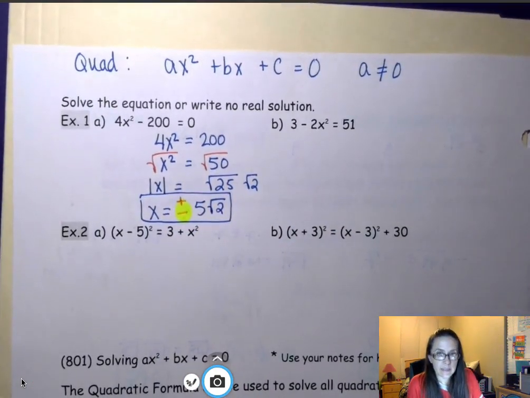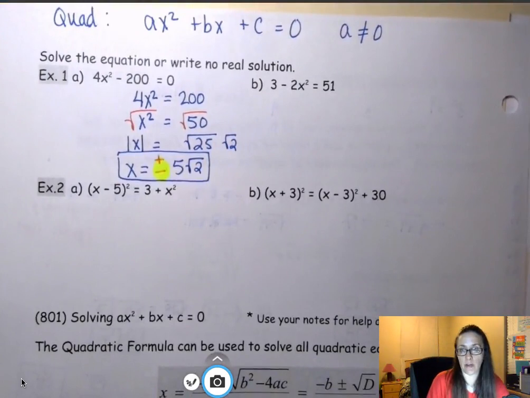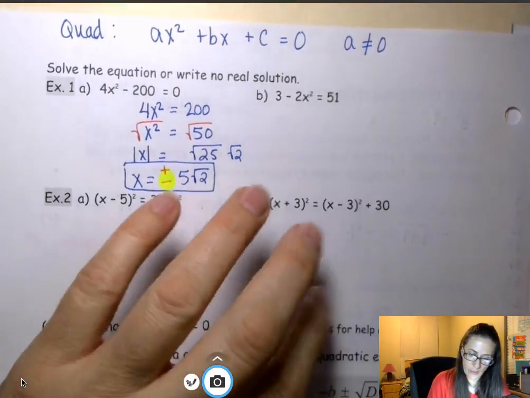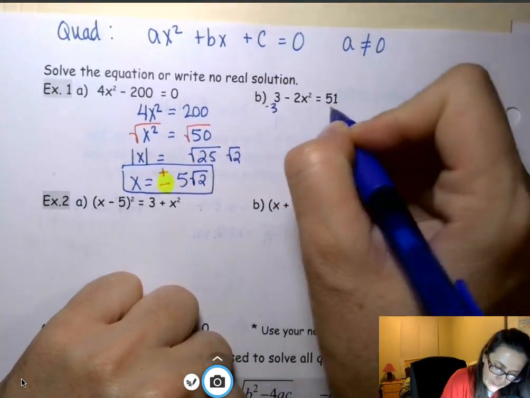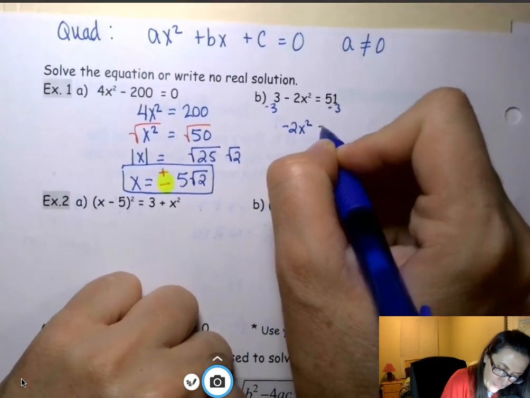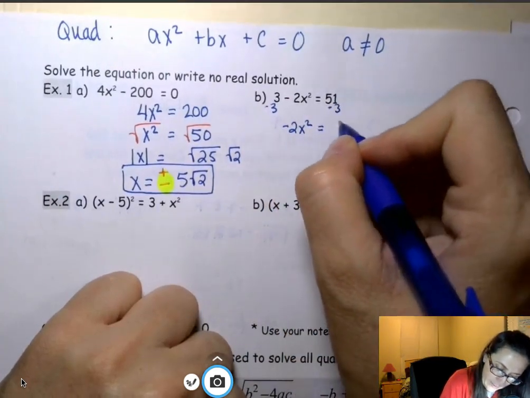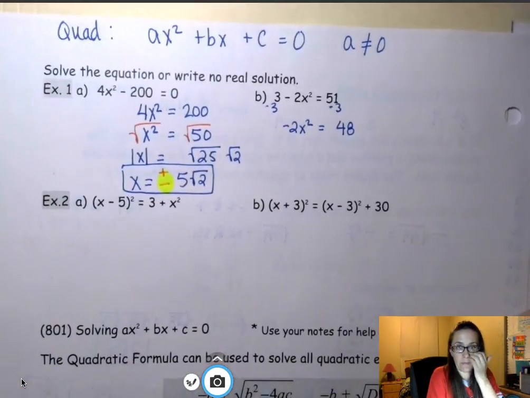Now, similar on the next problem. B is going to be a little bit similar. We want to solve for x squared, which means I want to get rid of that 3 first probably. So I'm going to subtract 3 on both sides. I end up with negative 2x squared equals 48. Now I have a negative 2 in front of that x squared.